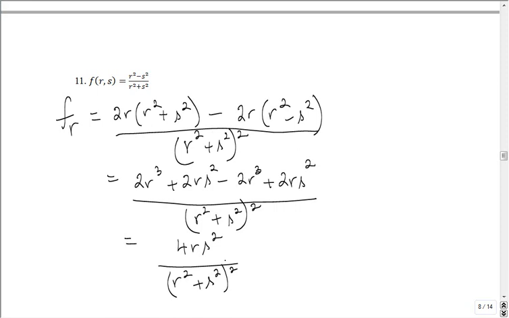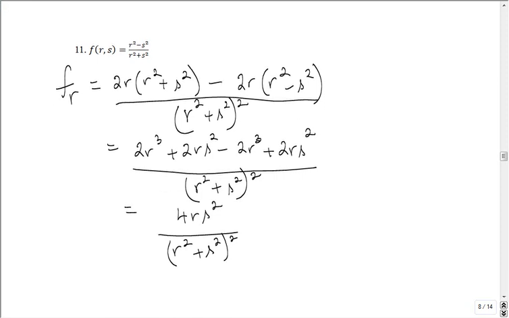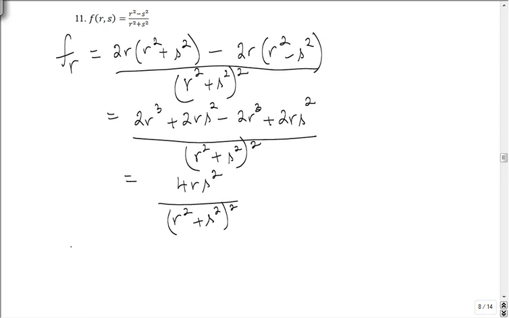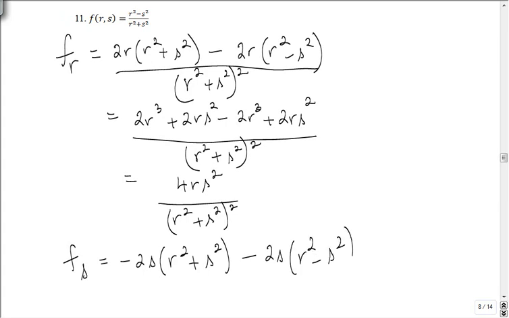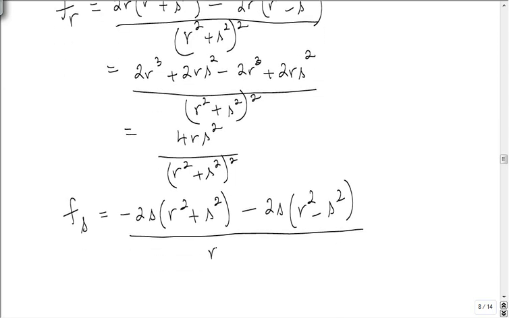That is the quotient rule. Any questions here? Let's partially differentiate with respect to s now. The partial derivative of the numerator with respect to s is what? Minus 2s times the denominator, minus the partial of the denominator with respect to s, which is 2s times the numerator, all over r squared plus s squared, all squared.